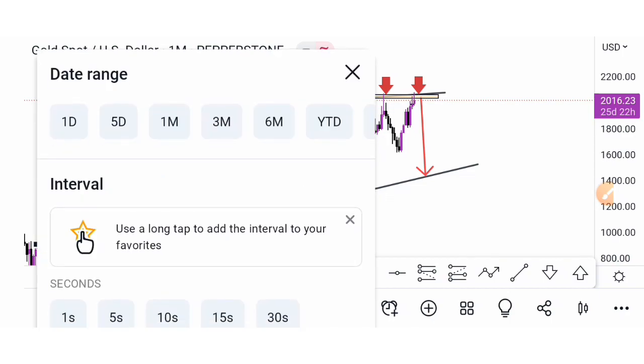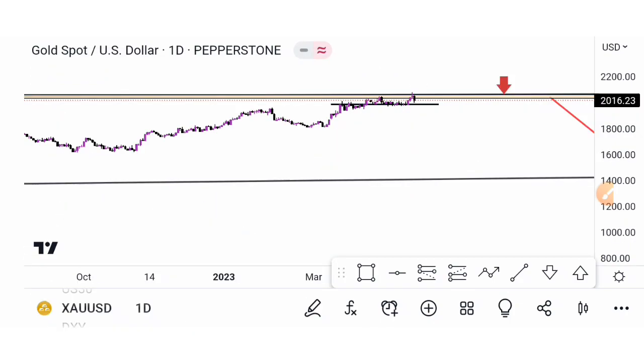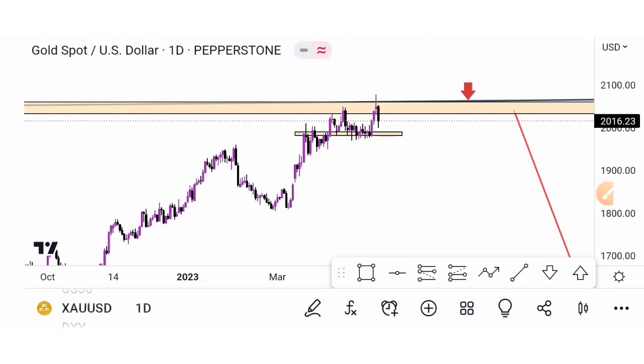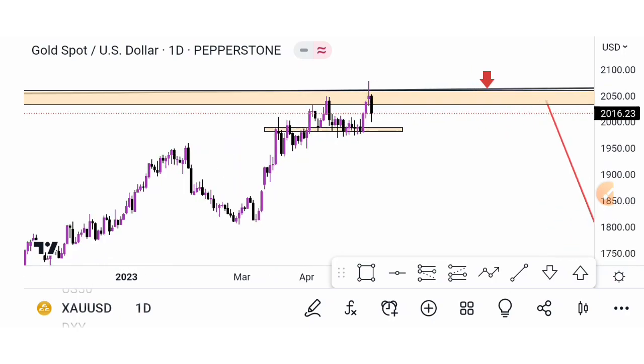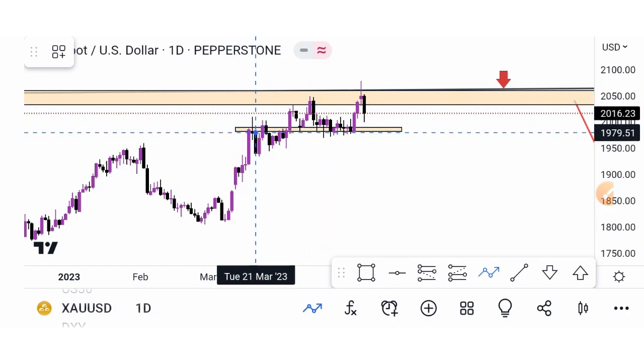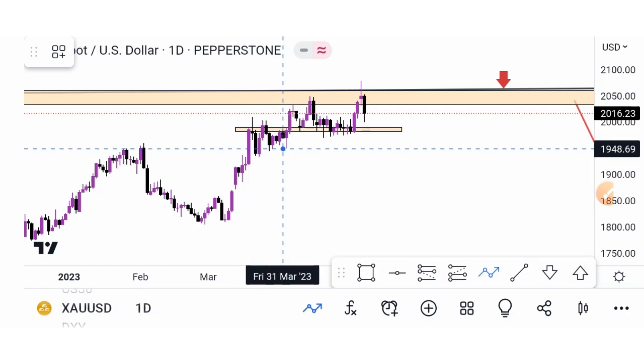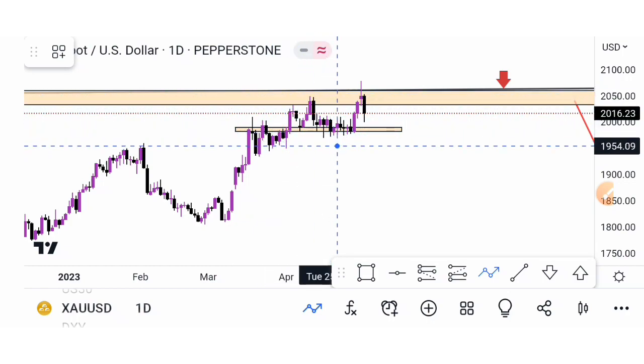But going to a smaller time frame, just to get a clear picture of where exactly I would enter those sells if I was going to sell. When I am going to sell this market, obviously we do see that we did have a resistance at this area here, and when we broke that area we came to support.